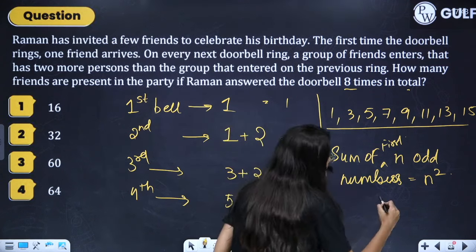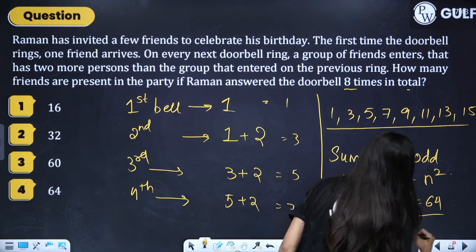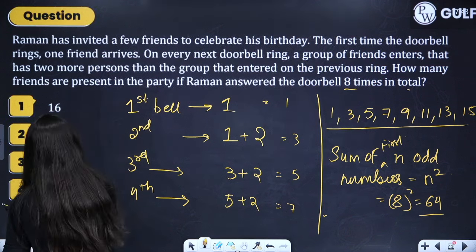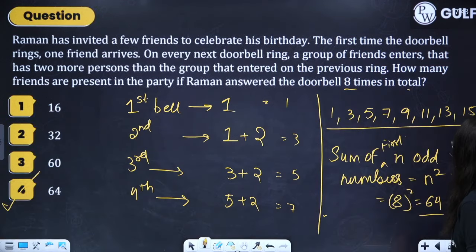So we'll just do 8 squared, which is 64. So he has invited 64 friends to his birthday party, which is our option. Hope you understand. Please keep this formula in mind.